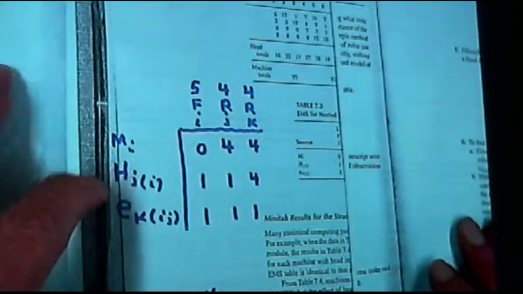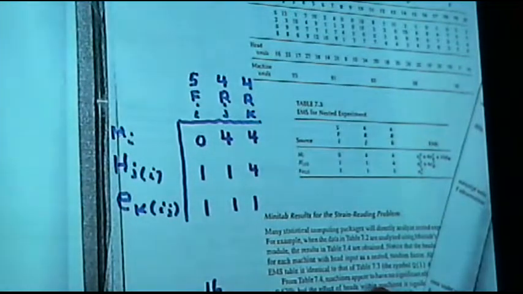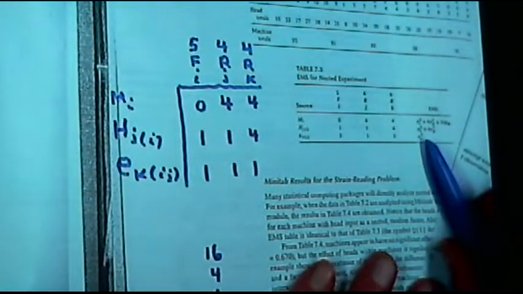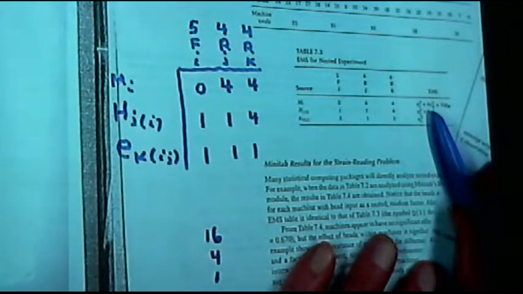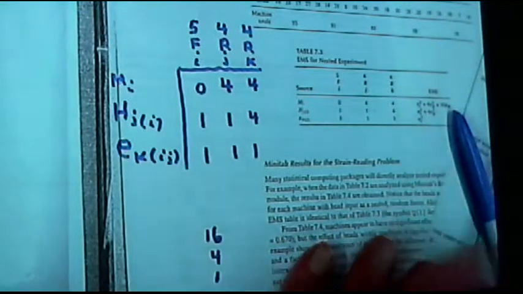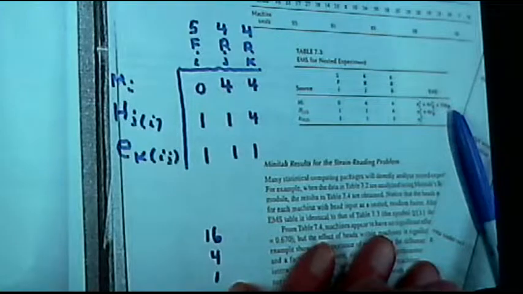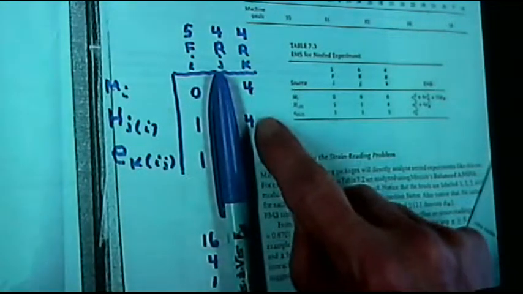So now it says those numbers are supposed to be the coefficients in the expected mean square. And if you look over here at the result for M, I have a 16M, I have a 4H, and I have a 1 plain sigma squared. So those 3 coefficients are coming from these 3 products here. Right. So now I cover the second column there, and I look at the products 0, 4, 1.